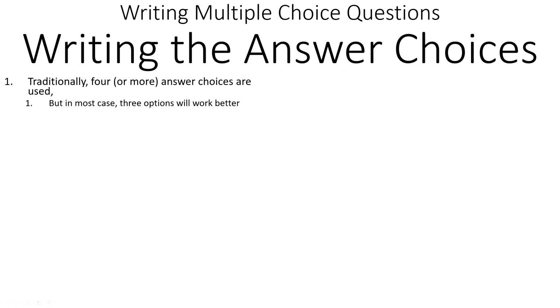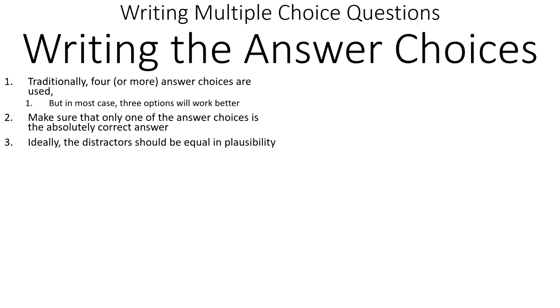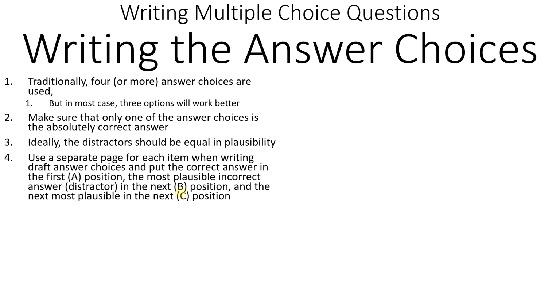So we really don't have to worry about writing the 4th and 5th distractor. We should have one absolute correct answer, because that's what we expect from multiple choice questions. Distractors should be equally plausible. I'll go back to my number 1 point, which is writing the 4th and 5th distractor is really difficult, takes a lot of time. It doesn't really add much value.